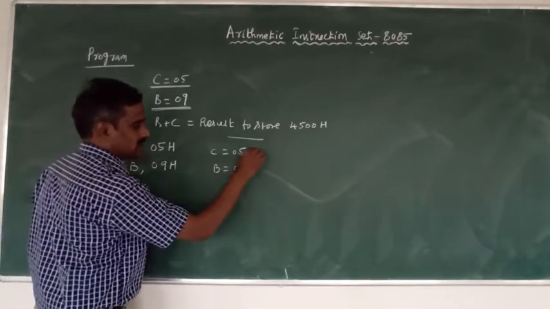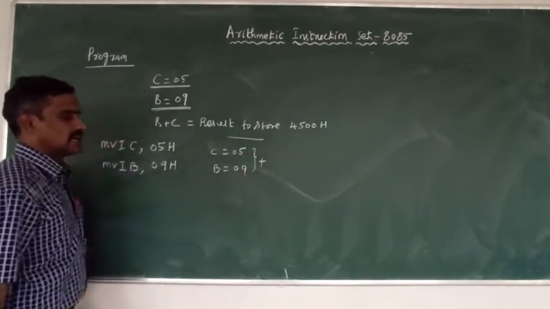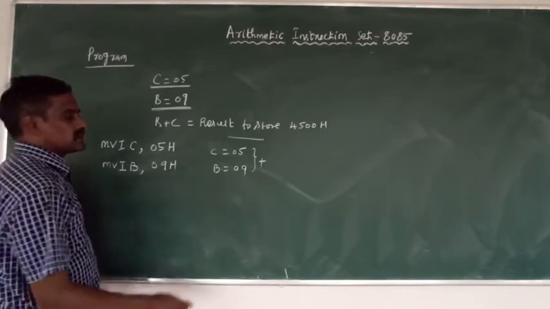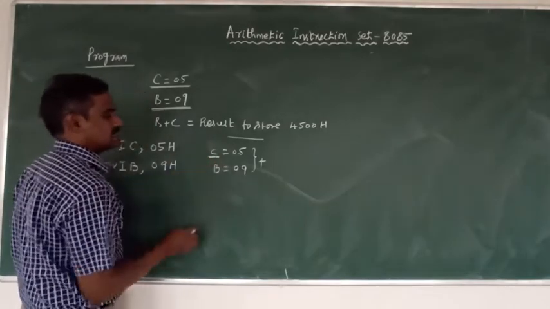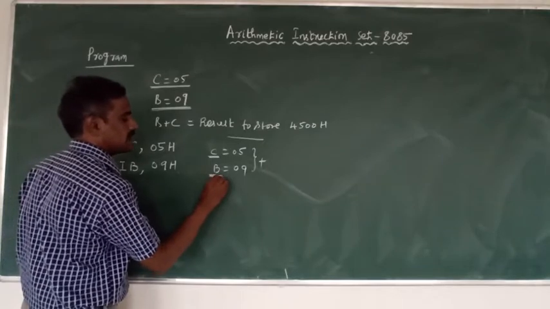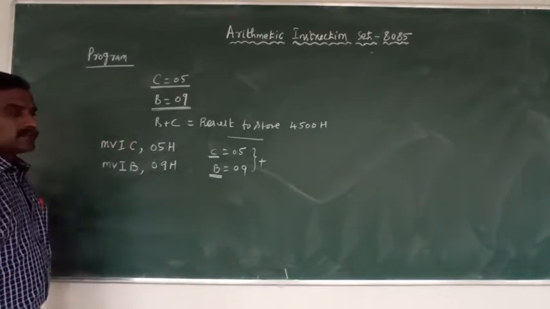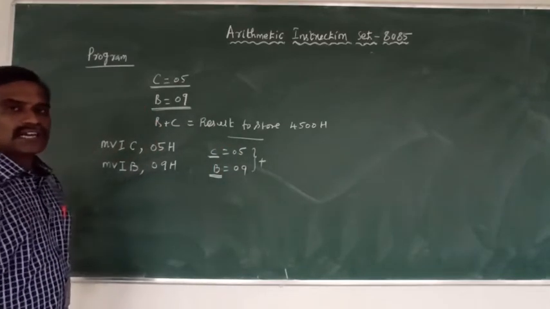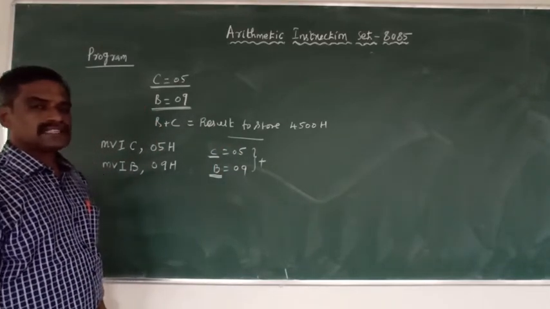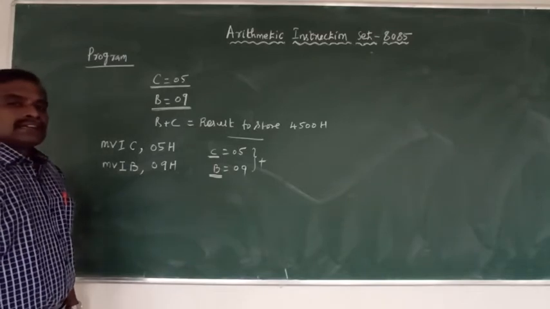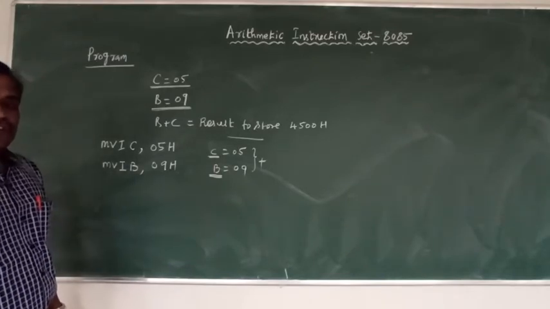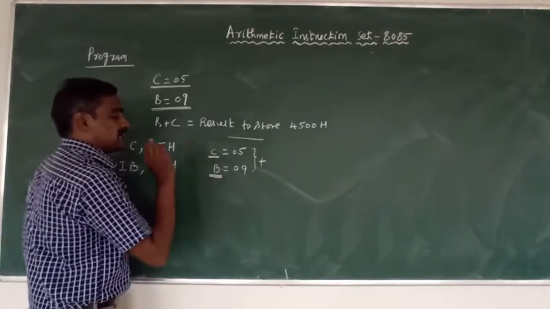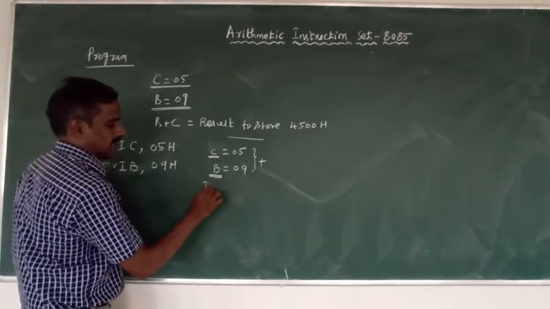Now to add these two data. Data 1 is in C register, the second data is in B register. Both are 8-bit. What is the instruction to add two 8-bit data?